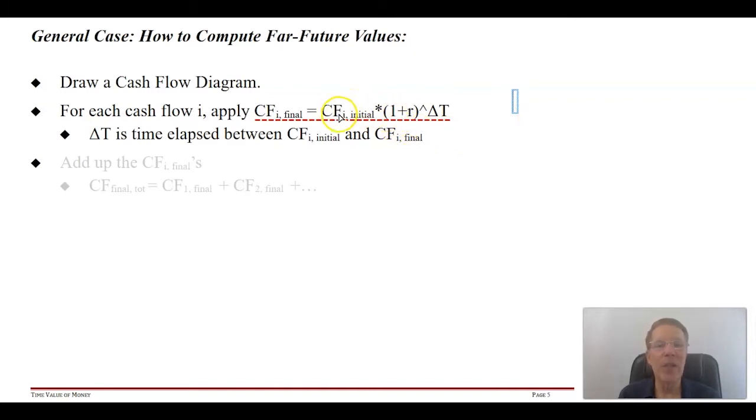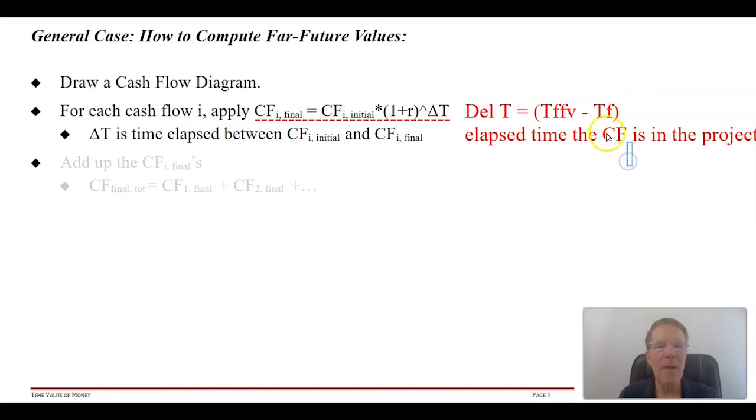It's just going to be for each one, what was that cash flow when it first came into our hands or into the project, times 1 plus r to the delta t, and delta t is equal to the t far future minus t future. In each case, it's the elapsed time.